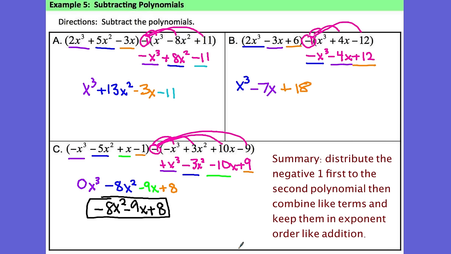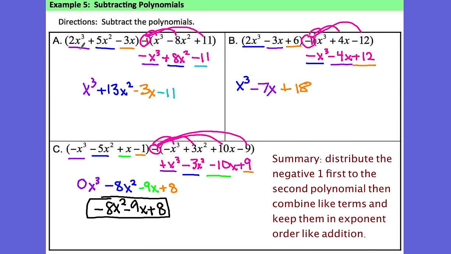So when subtracting polynomials, it's similar to addition, except we have a negative in front of a group. So that's really negative 1, and we have to distribute that negative 1 to each of the terms, because in other words, we are subtracting each of these terms from its like term from the first polynomial.